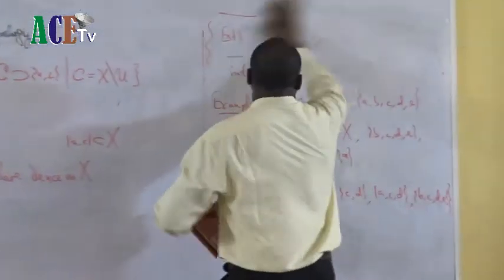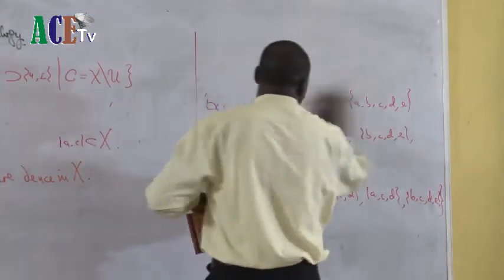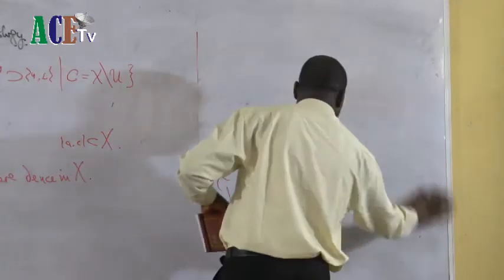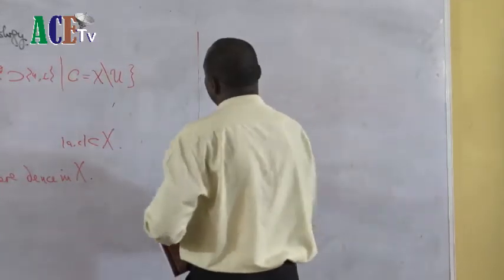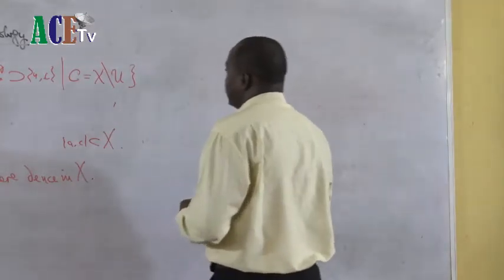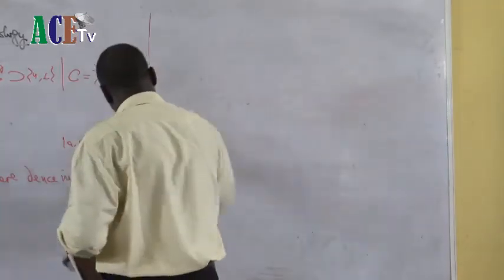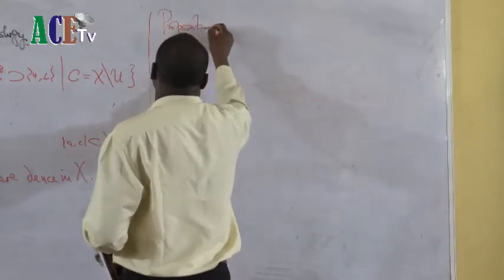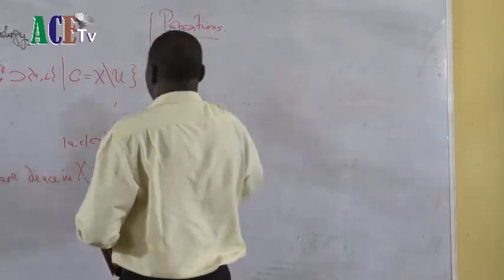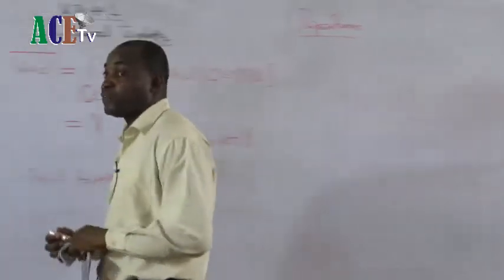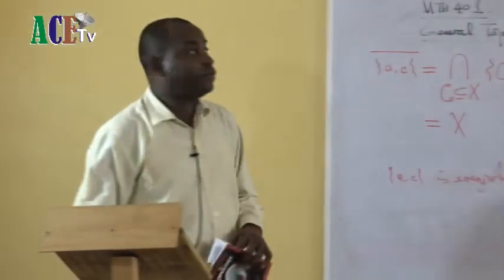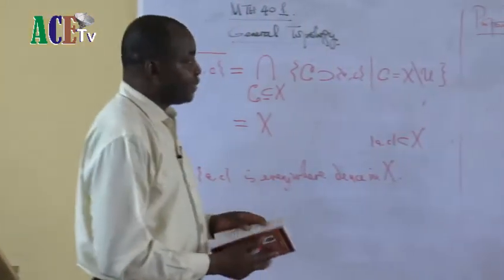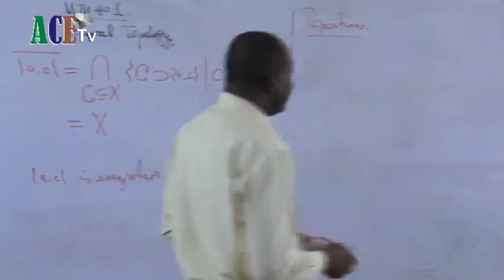So let's take a look at some propositions and draw out a logical argument that will prove those propositions. Okay? And mind you, some of these propositions can formulate questions that students can be asked.